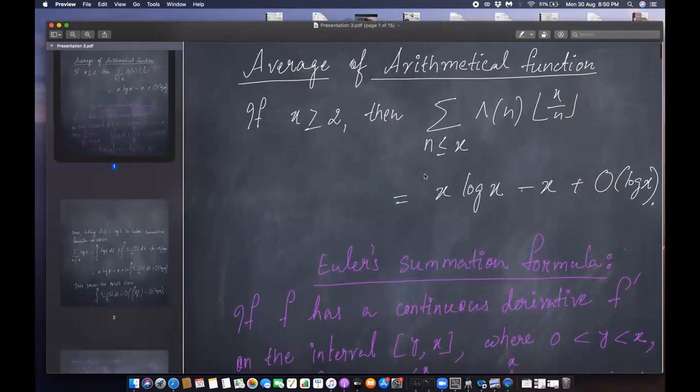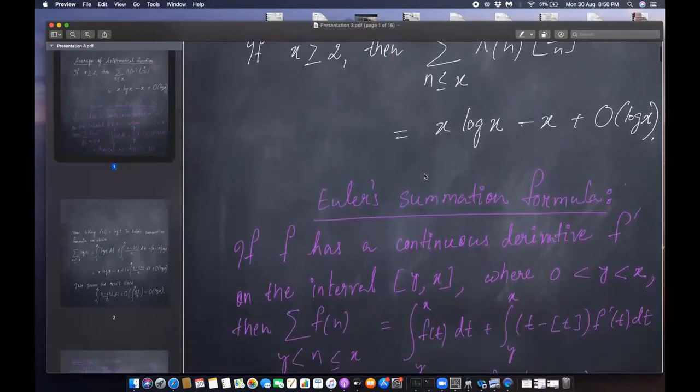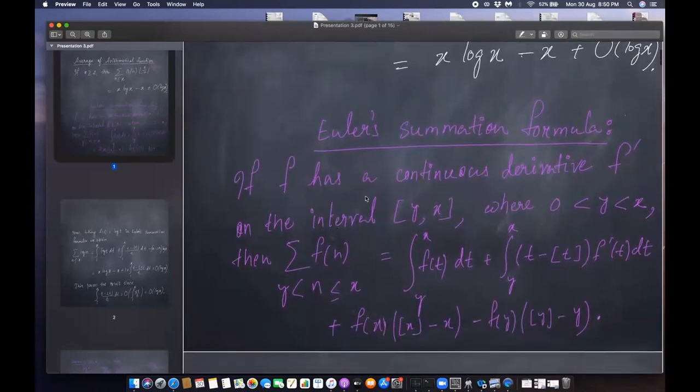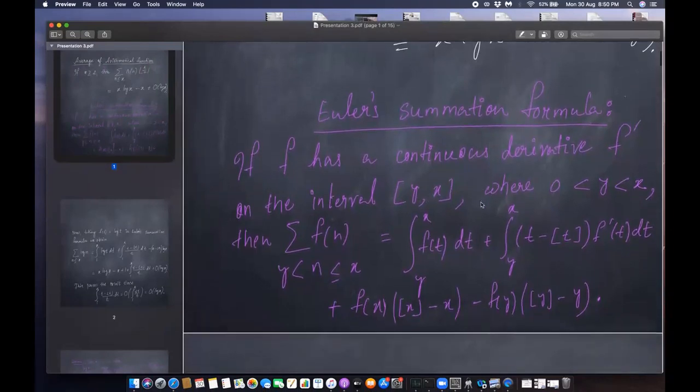We are going to use a famous summation formula of Euler, which states that if f has a continuous derivative f prime on some interval, then the sum over all the integers lying between y and x can be replaced by these two integrals with these two extra terms.